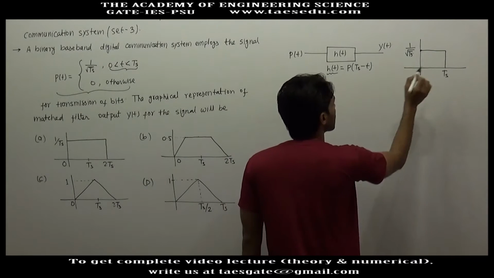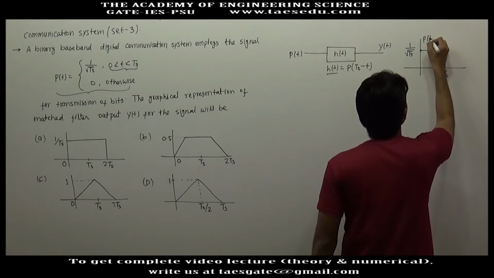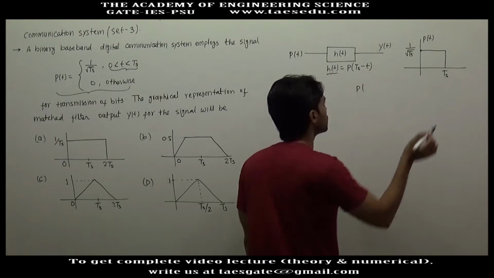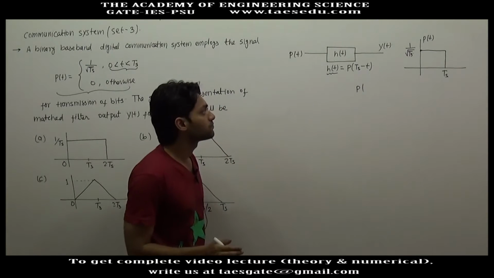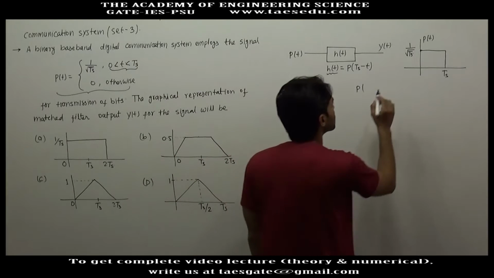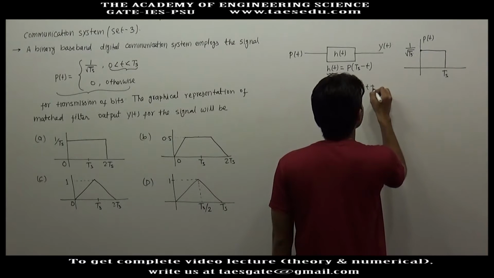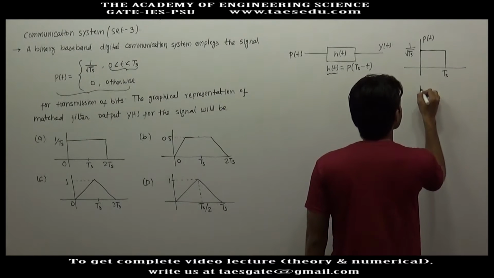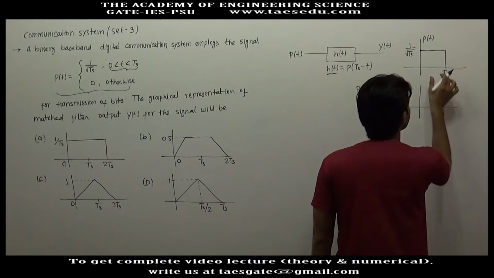So if we have the graph of p(t), first we will do the shifting and then scaling. So p(t) is given, then what will be p(t + Ts)?